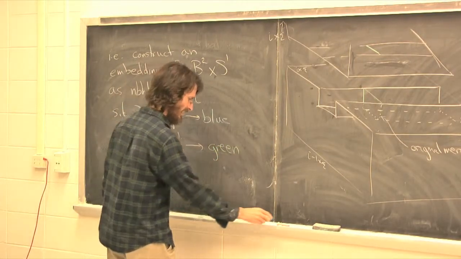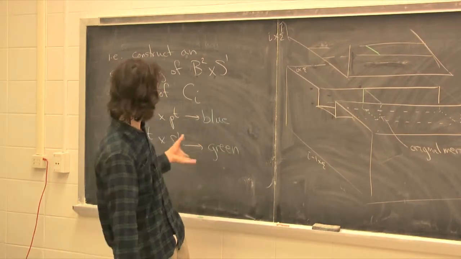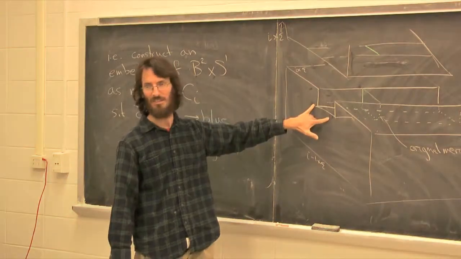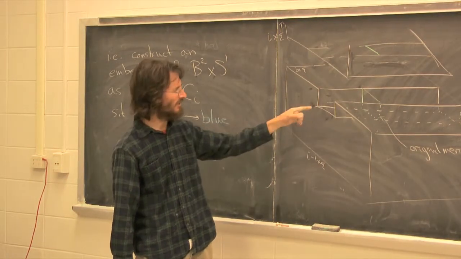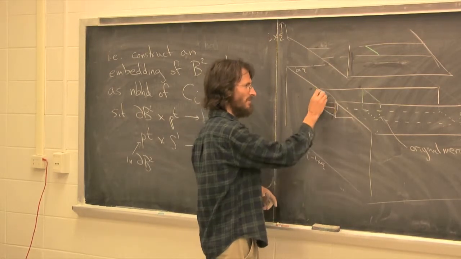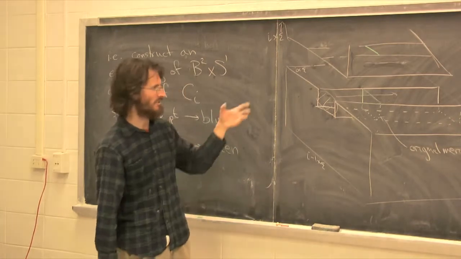Now you might say that is not the embedding of B2 cross S1 that is sort of obvious from this picture. In this picture, the obvious embedding of B2 cross S1 is, well, here's the B2 factor, and here's the S1 factor, right? And it just moves parallel.